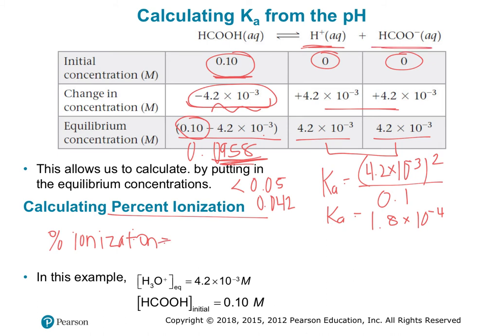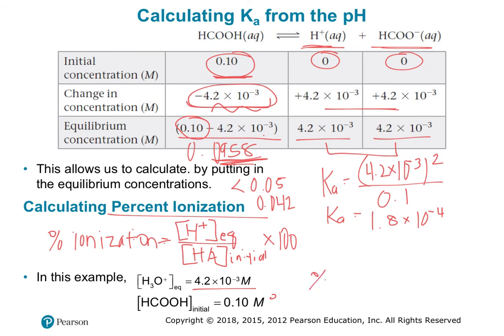So it'll just be easier to say whatever concentration of hydrogen we have at equilibrium divided by the original acid initial concentration times 100.